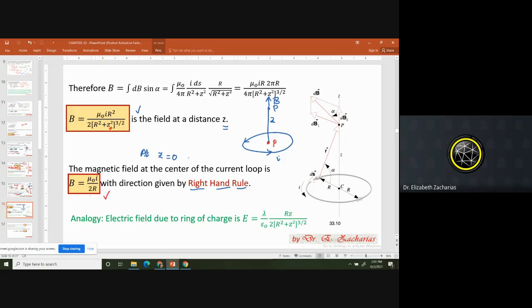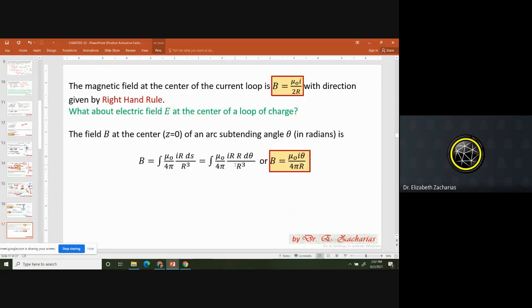You're finding that the magnetic field once more is inversely proportional to the distance. Okay. And it is directly proportional to the current. Current is the source and the direction is given by the right-hand rule. Now for a minute, let me just take you to chapter number 25, where you were talking about a charge Q and you were interested in finding the electric field at a point here.